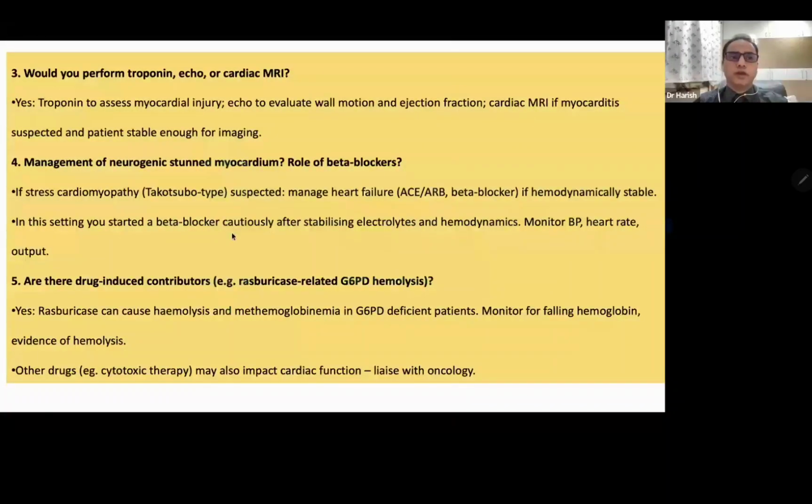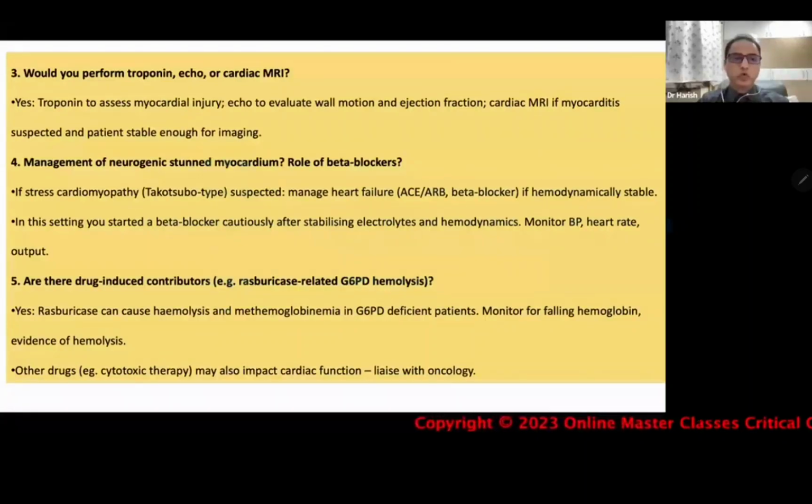Otherwise it may not be required routinely, but if there is a cardiac dysfunction which is not explained by electrolyte disturbances alone, then you can plan it. Stunned myocardium is rolled out by beta blockers.